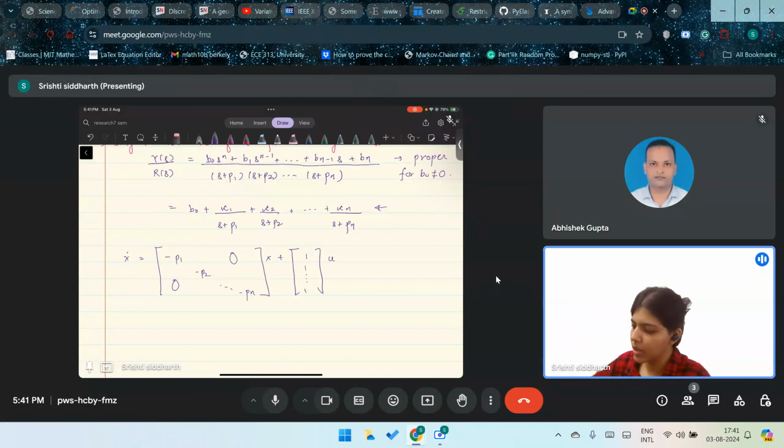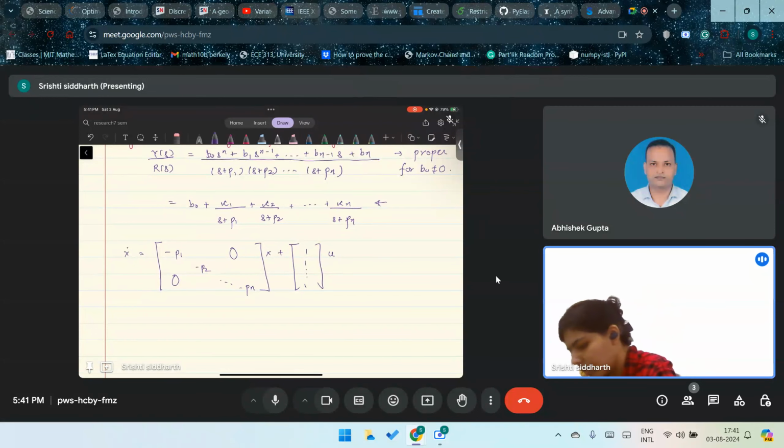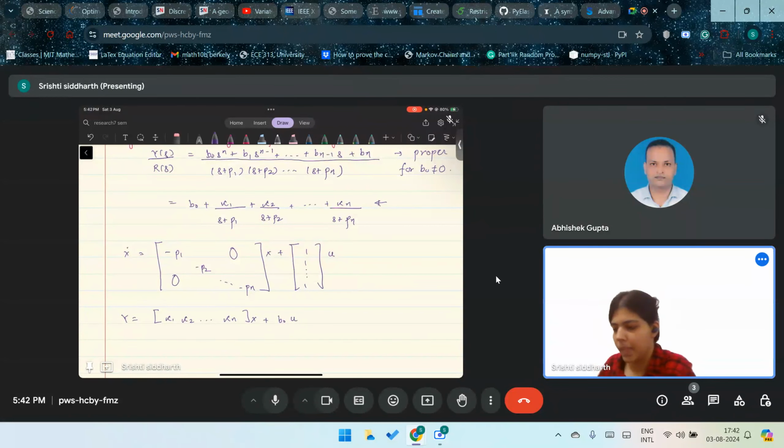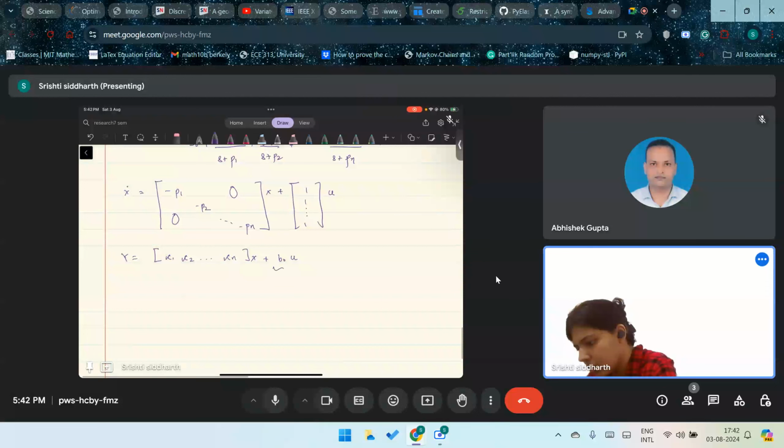So the control appears in the differential equation of each of the states, all the n states. And then we have the output y, which is just a linear combination of all of the states. This is Cx plus v0 times u. So this is 0 for a strictly proper transfer function.